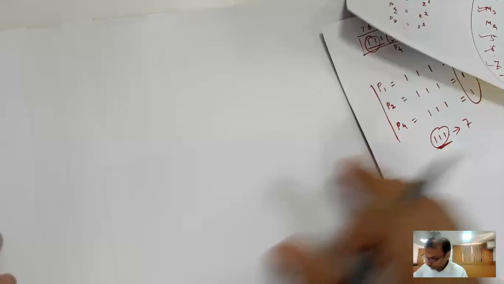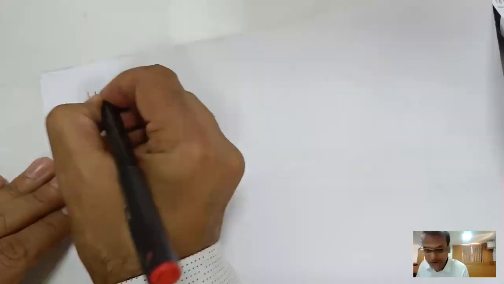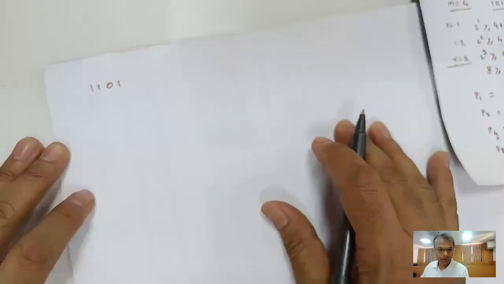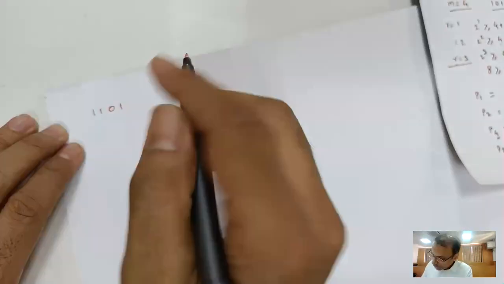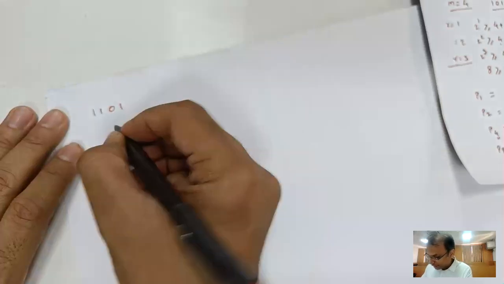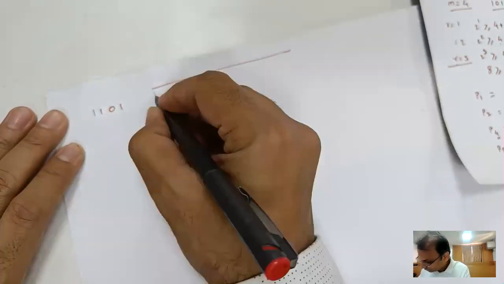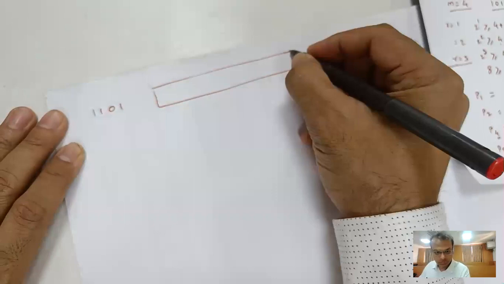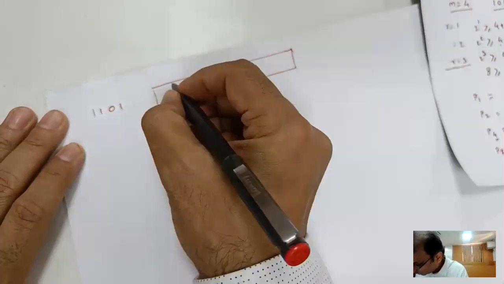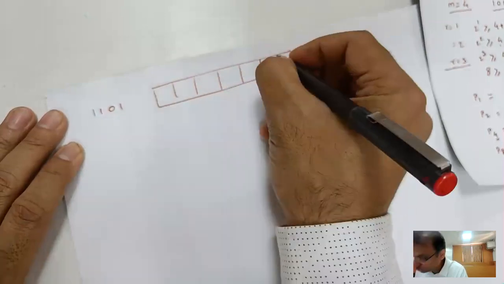Let me take the 1101 data. Now I have to put that in a Hamming code. 7, 6, 5, 4, 3, 2, 1.